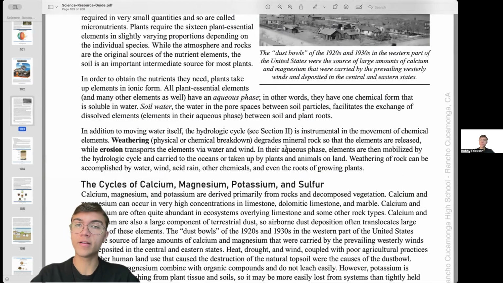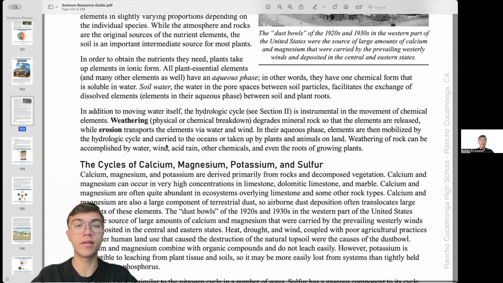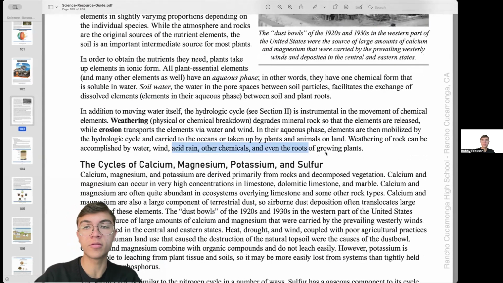Once they're in their aqueous phase inside of water, they are carried through the hydrologic cycle, taken in by oceans or plants on land. The weathering of rock can be accomplished by water, wind, acid rain, or other chemicals, or even roots of growing plants. So a lot of weathering happens from these causes.